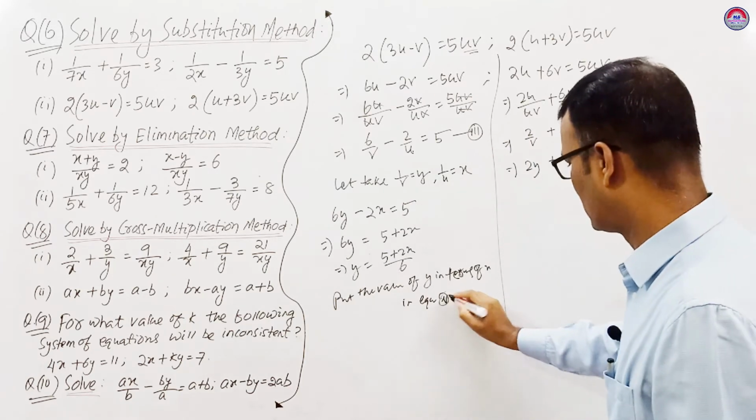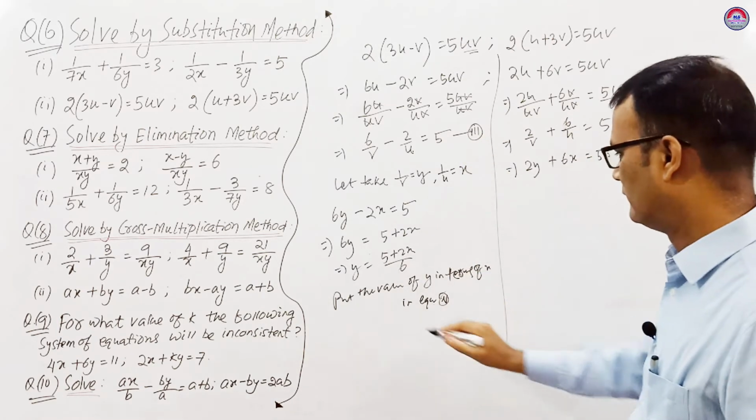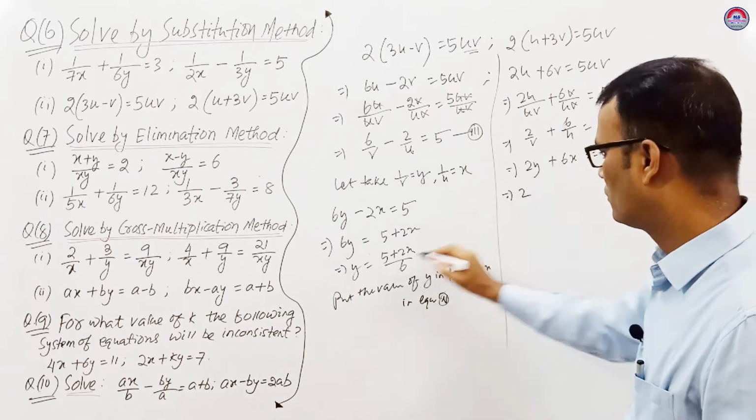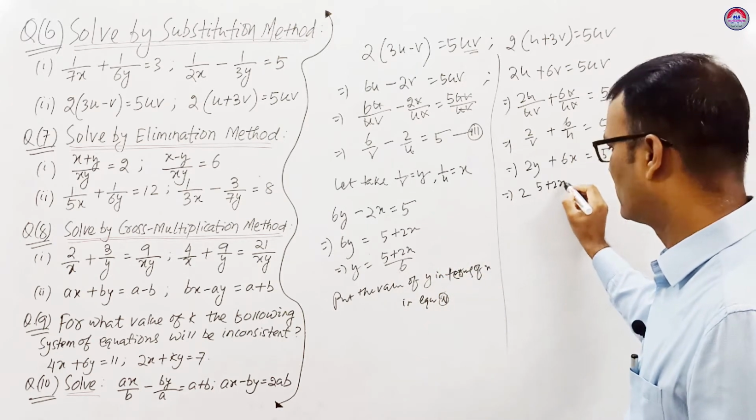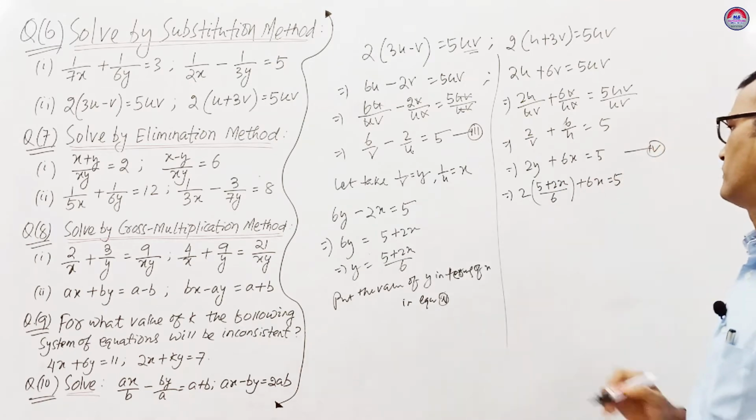In equation 4 you can write, otherwise you can write 1 and 2. Okay, you see y, so 2 into y value is 5 plus 2x by 6 plus 6x equal to 5.